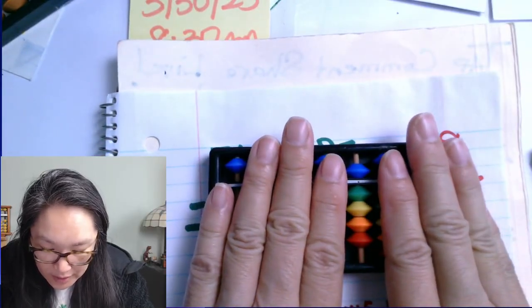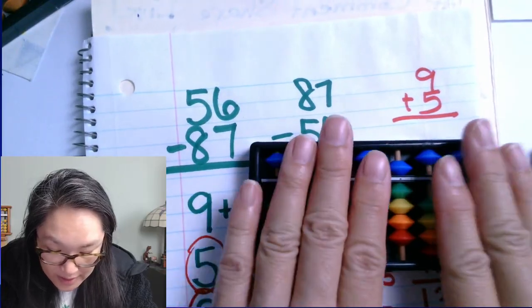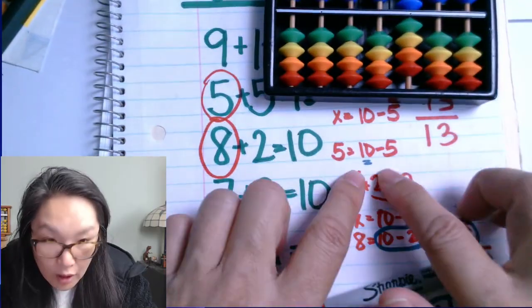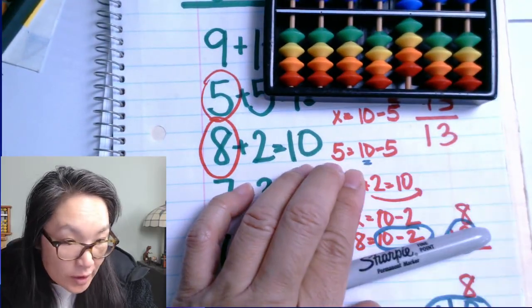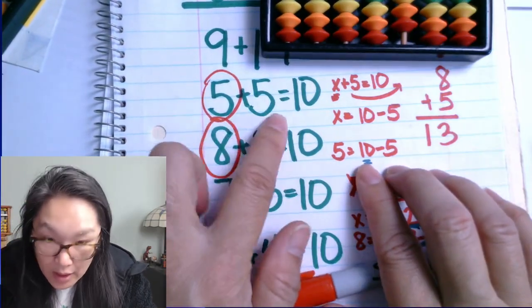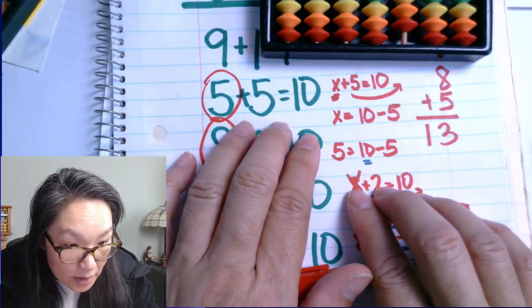So here is plus the 5. As Jasmine said, we don't have enough. What do we do? Well, we know our formula. This is a formula that you need to memorize. This is a core concept that we need to know. How do we get it? We got it through 5 plus 5. So 9 plus 5.